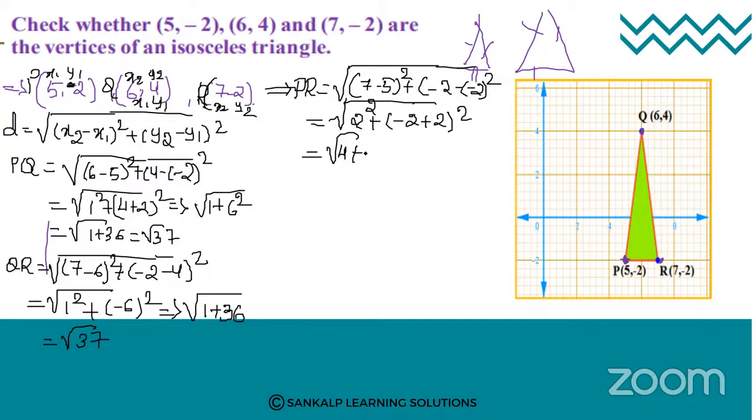You will get only 4, so 4 is a perfect square number. The number whose square is 4 is 2. That means PR value is 2.